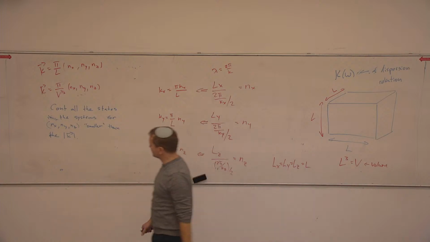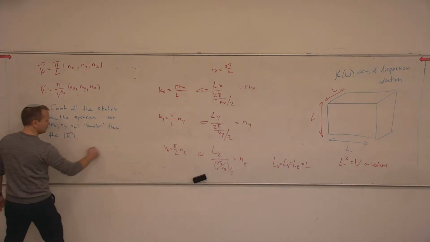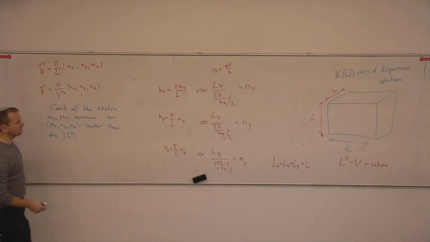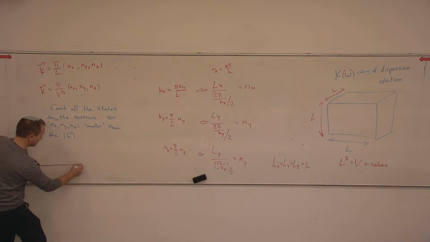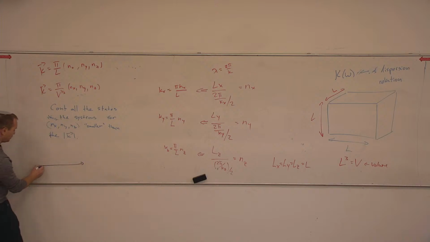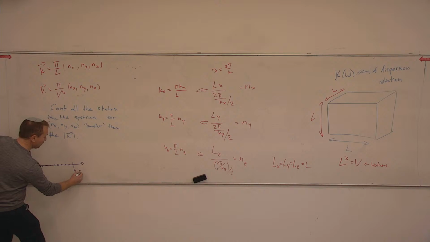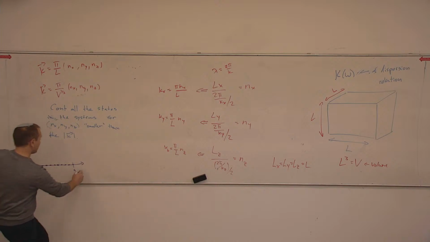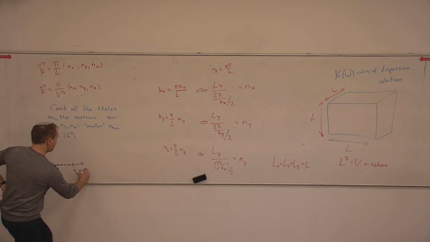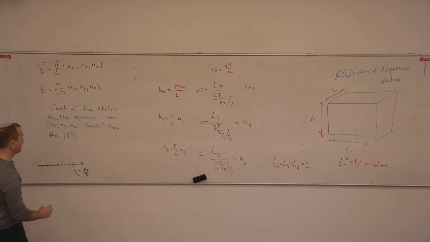Okay, next step is as follows. What have we done in the one-dimensional system? We had only one integer, which is nx, for example, and we counted all the different number of states up to a specific n max. And this n max was just k multiplied by L divided by π.